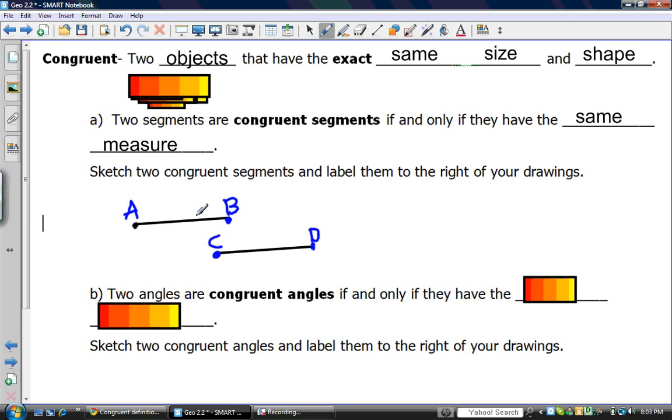So how we write segment AB is congruent to segment CD: we write AB, and then this sign in here, which means is congruent.